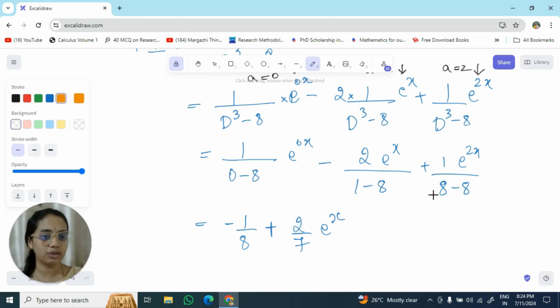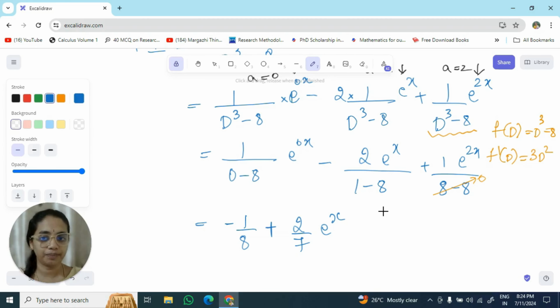Here the term becomes 0, right? 8 minus 8 is 0. The denominator term is 0. So what do we do? Differentiate the denominator and multiply x to the numerator. So f(D) is D³ - 8, and f'(D) is 3D². 8 is a constant, so the differentiation of a constant is 0.